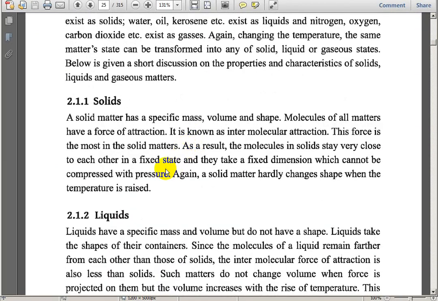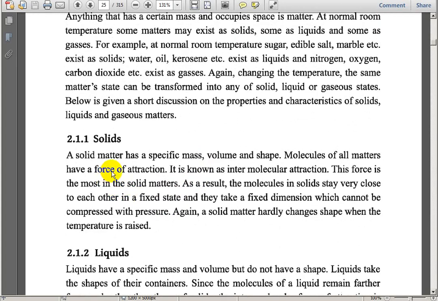A solid matter has a specific mass, volume, and shape. Molecules of all matter have a force of attraction. For this reason, all particles stay close together.